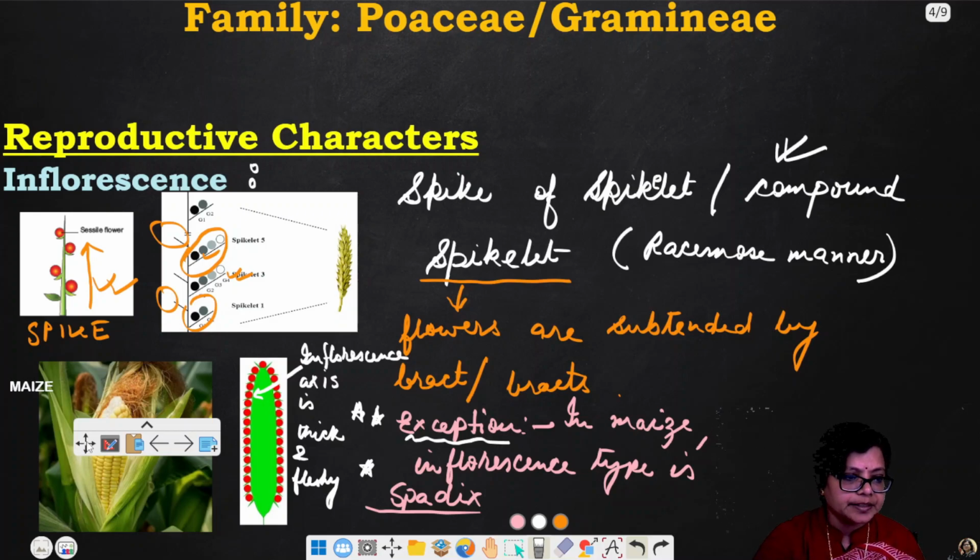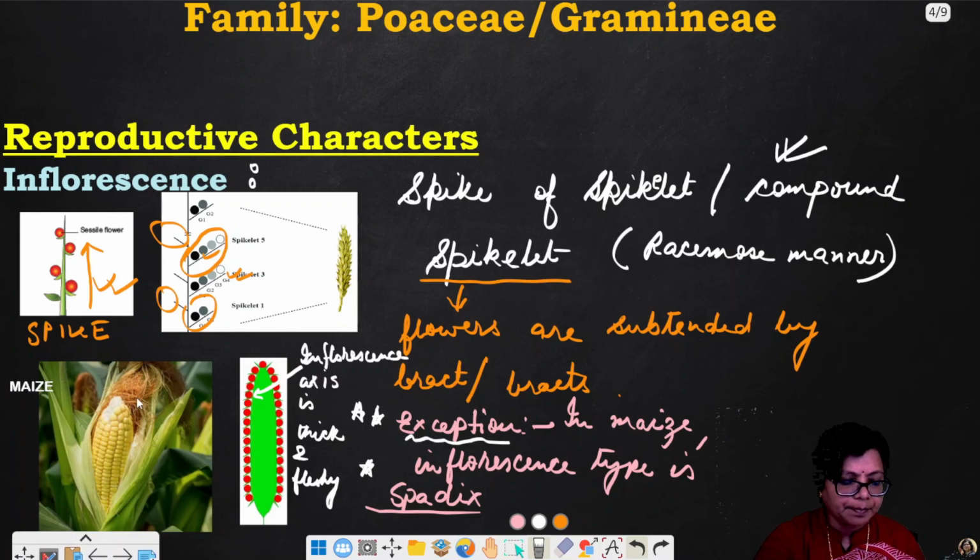Example, maize. It is subtended by a big, large bract. That's why it is termed as spadix. Point to be noted.